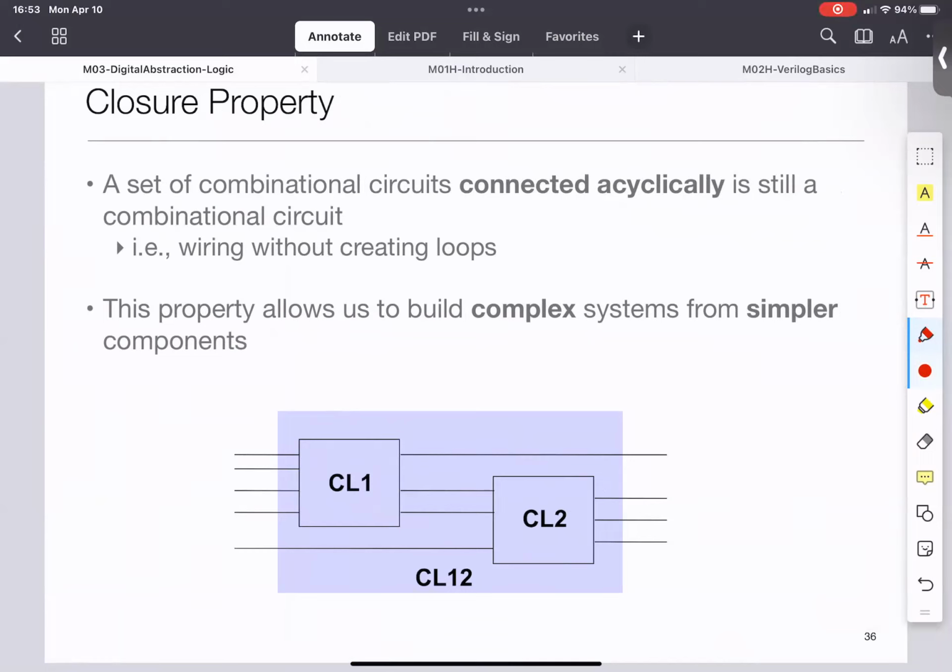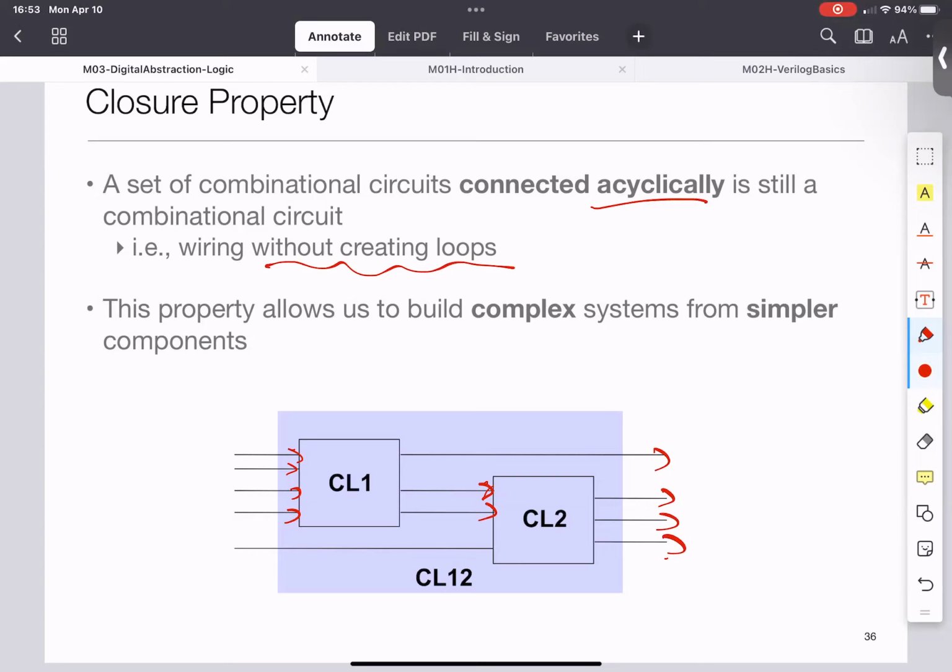So this is an example where I have two combinational logic blocks, and let's say the signals are flowing like this. Everything is just flowing in one direction. I can line up the circuit, information flows left to right. So if they are connected acyclically, no loops, then the resulting system is always combinational.